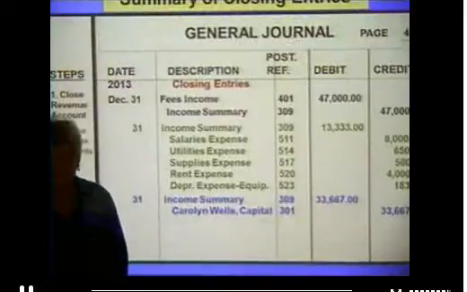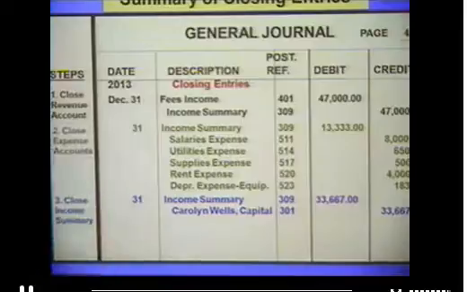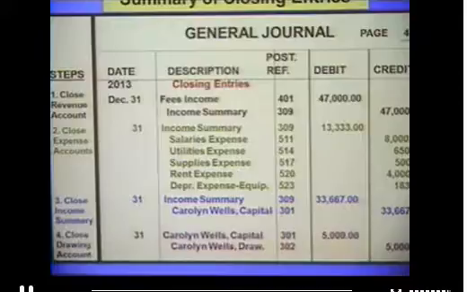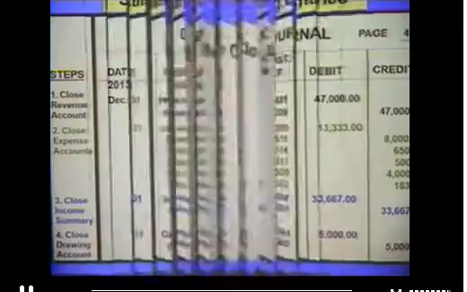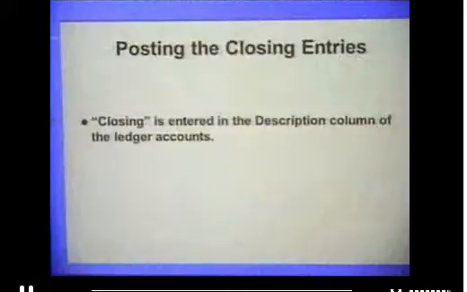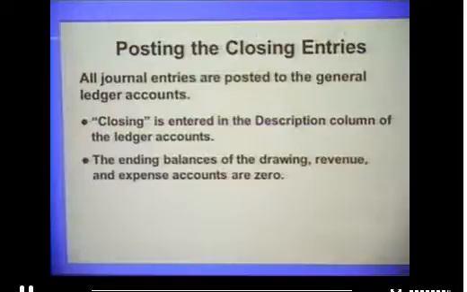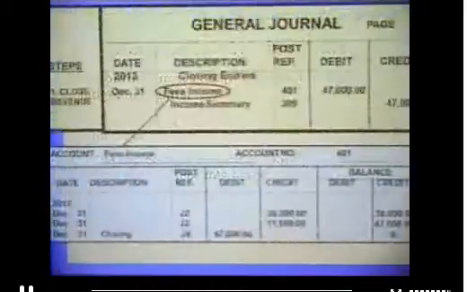So here are our closing entries. First, we closed the revenue account. Second, we closed the expense account. Third, we closed the income summary. And lastly, we closed the drawing account. Posting: when we go to our journal and enter our closing entries, we enter the word closing and then list our four closing entries.